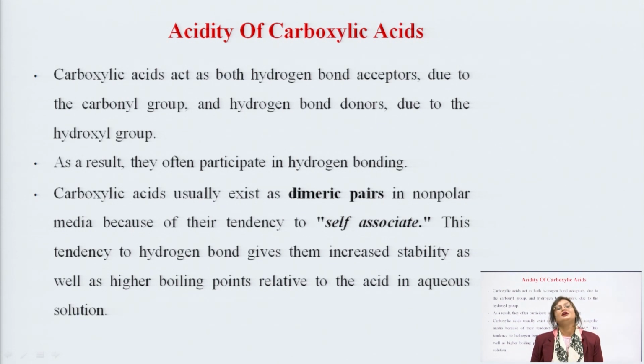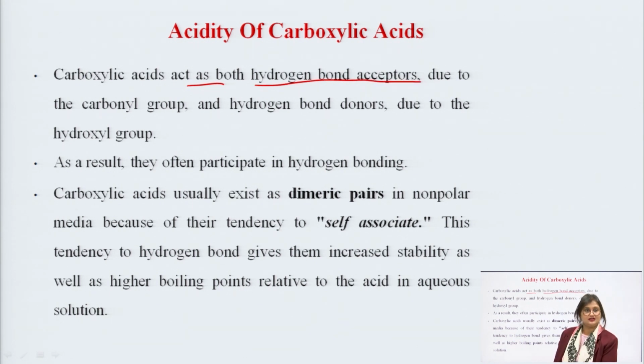Now, coming to the most important property of carboxylic acids, which is the acidity of carboxylic acids. We shall be discussing in detail the acidity and the effect of substituents on the acidity of carboxylic acids. Carboxylic acids act as hydrogen bond acceptors.